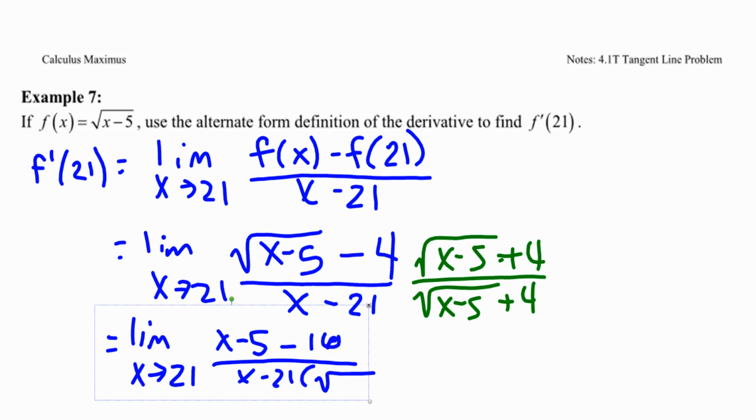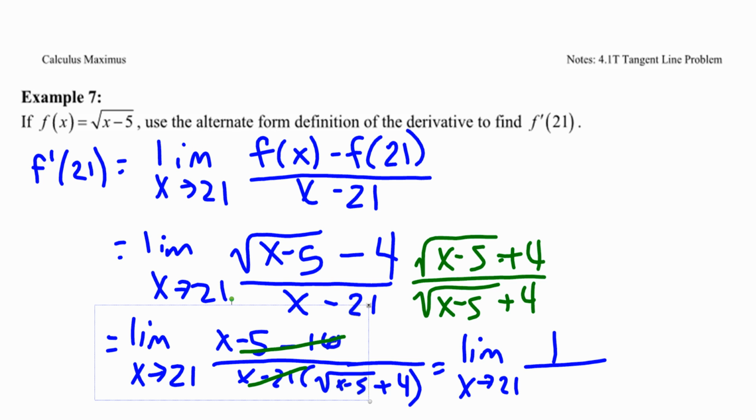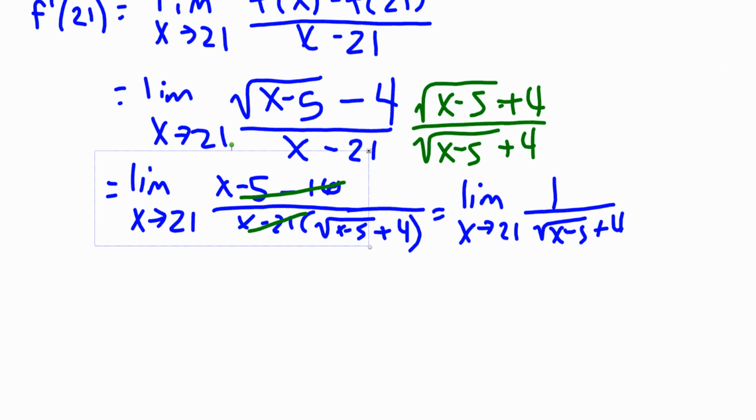On the numerator, you're going to see that this 5 and the 16 will combine to give you 21. So we'll have x minus 21 on the top, x minus 21 on the bottom. Those disappear. So we get the limit as x approaches 21 of 1 over the square root of x minus 5 plus 4. Plugging in the 21 now gives you 1 over the square root of 16 plus 4, or 1 over 8. So you get the same answer, just a different way of doing it.